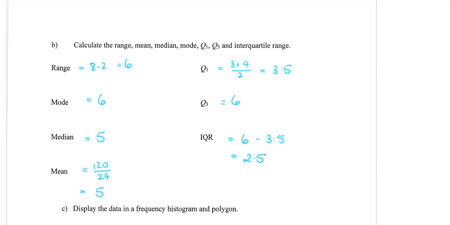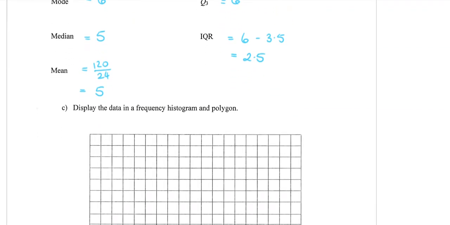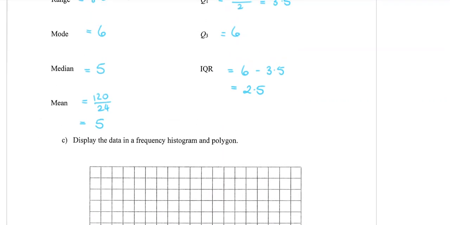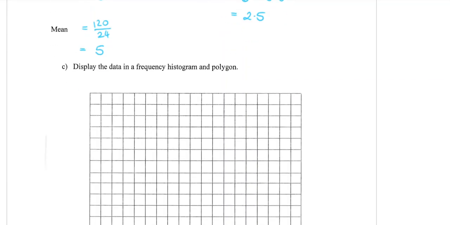Okay, the last part is to display all that on a frequency histogram and polygon. So you might have to read out numbers for me so I don't have to keep going up and down. To get it all set up, we need to rule a line across the bottom.